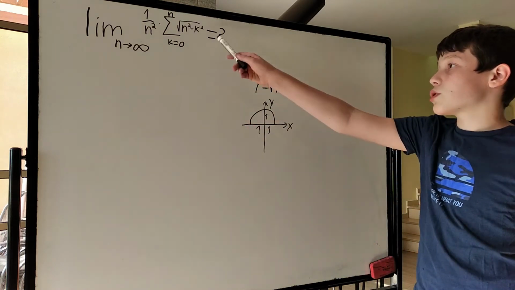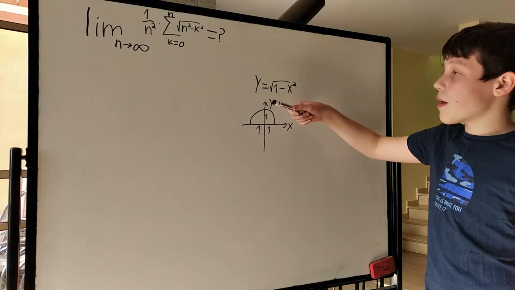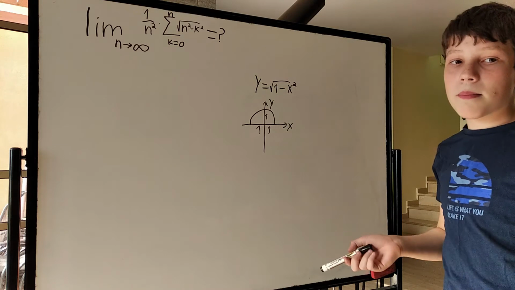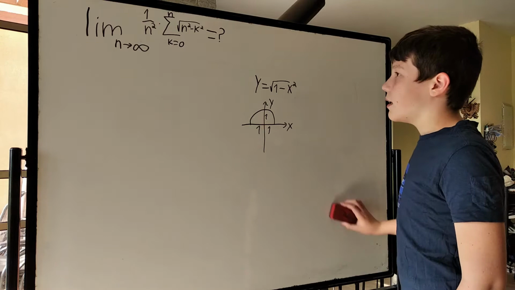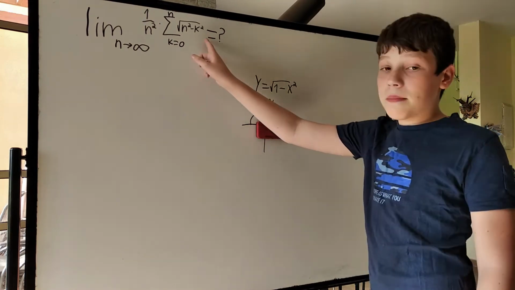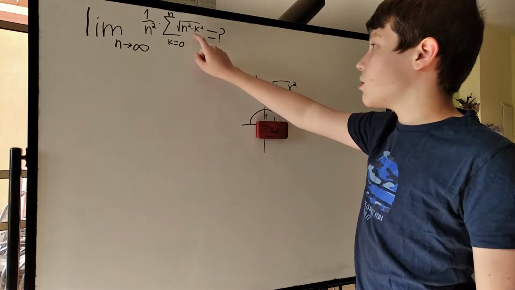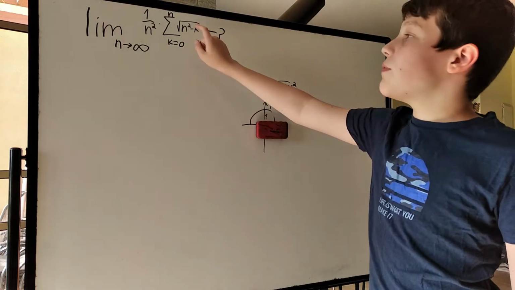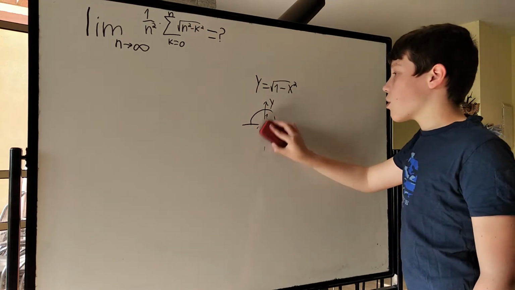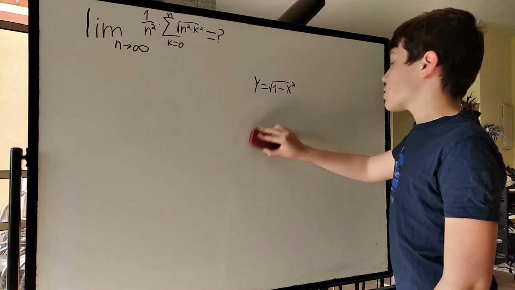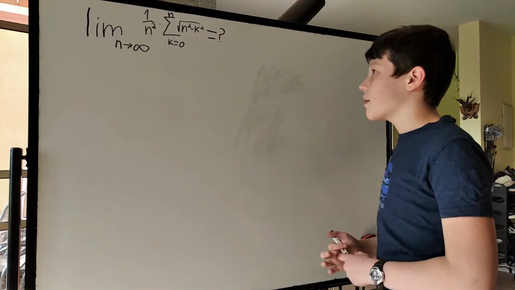And pretty much you can see where that comes from. We have the square root, and then we have something minus some parameter k or x squared. And because this is n squared, if we divide the inside expression by n, we get this form of y is equal to the square root of 1 minus blank squared.